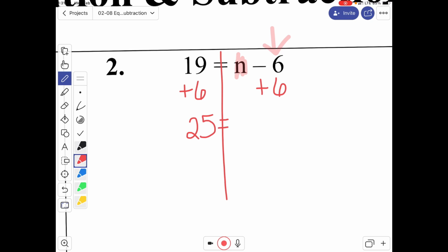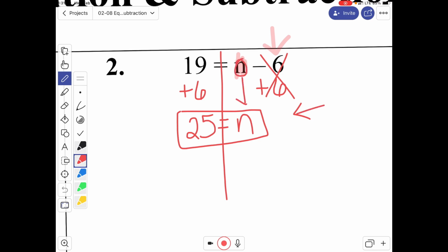And the equal sign comes straight down. The 6 canceled, so the only thing left on the right side is the variable. N is 25. Notice how N is on the right side. It started on the right side, it ended on the right side. I didn't switch it over to the other side.